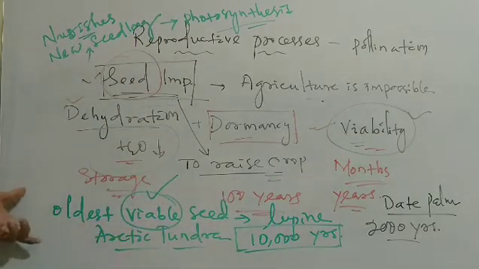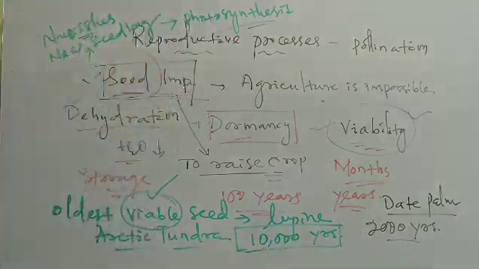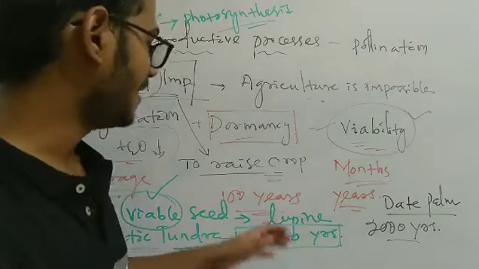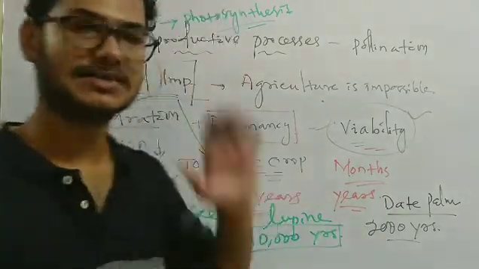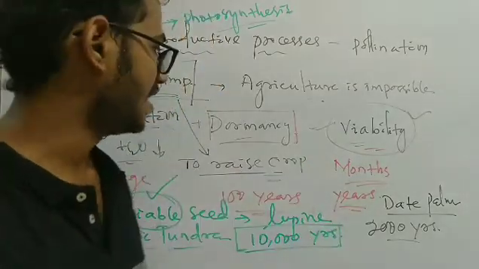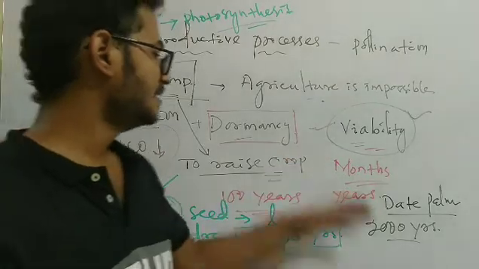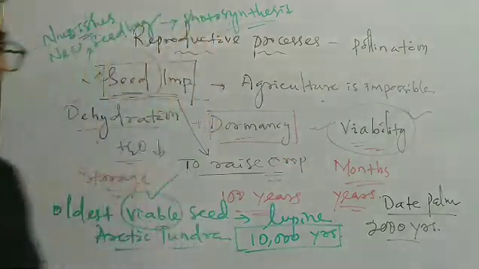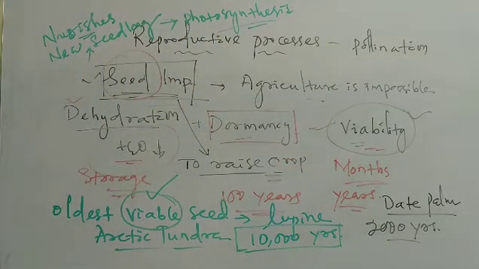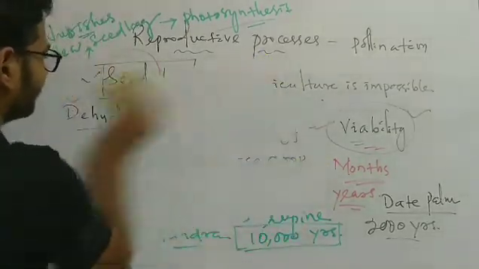A special case: the oldest viable seed, lupine, found in the Arctic tundra, was viable for 10,000 years, and it successfully germinated and flowers appeared. Date palm is the recently found viable seed with a record of 2,000 years of viability. Apomixis and polyembryony, let's move on.